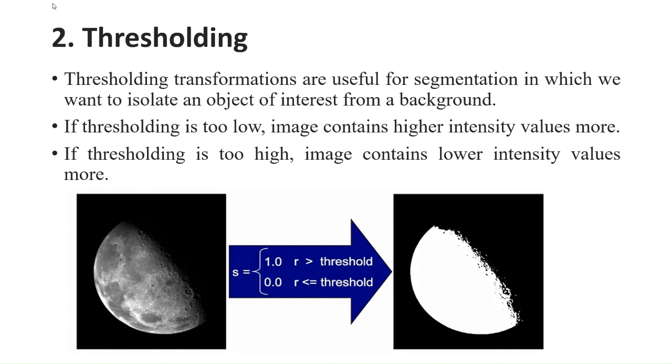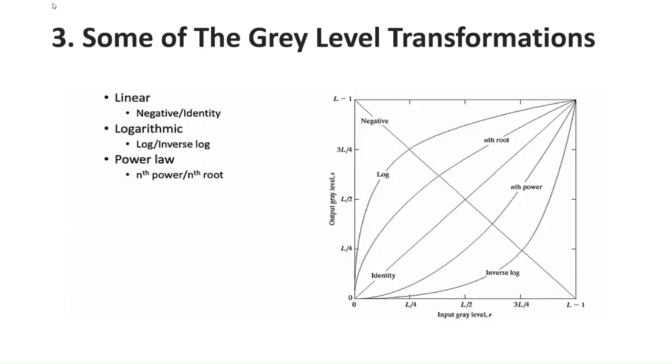Next, the third one is some of the gray level transformations. In these functions, we have different types of functions like linear, logarithm and power n. This is the diagrammatic representation of gray level transformations. In this gray level transformation also, we have different types of gray level.